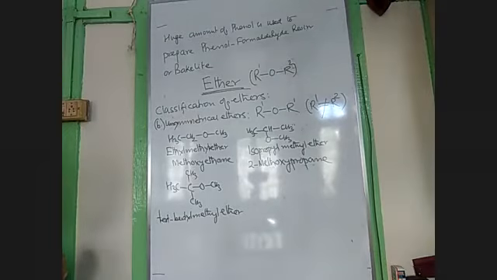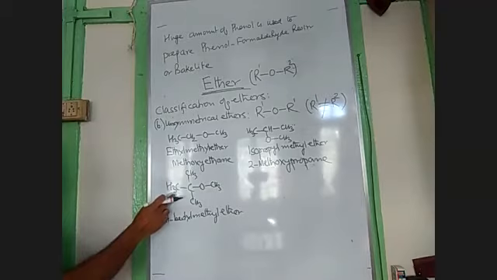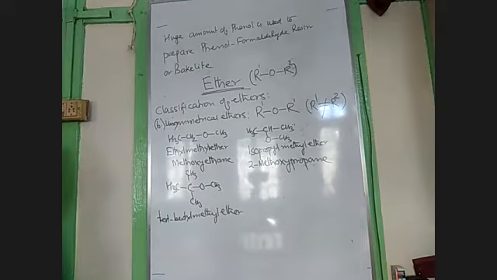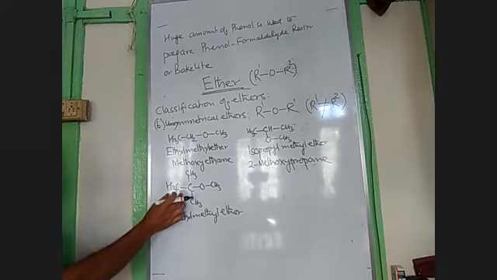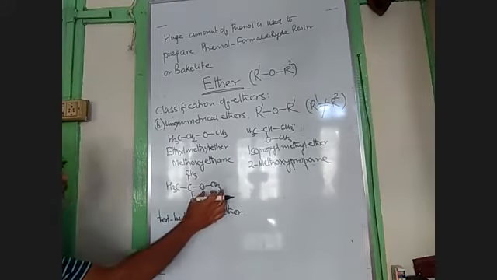What will be the IUPAC name? Longest chain, 3 carbons. This is a substituent on the second carbon. This is also a substituent on the second carbon. So now we have to arrange them in alphabetical order. In methyl, METH is common with METH here. Where does it differ? Methoxy, the 5th letter is O, but here the 5th letter is Y. So I have to write this one first.